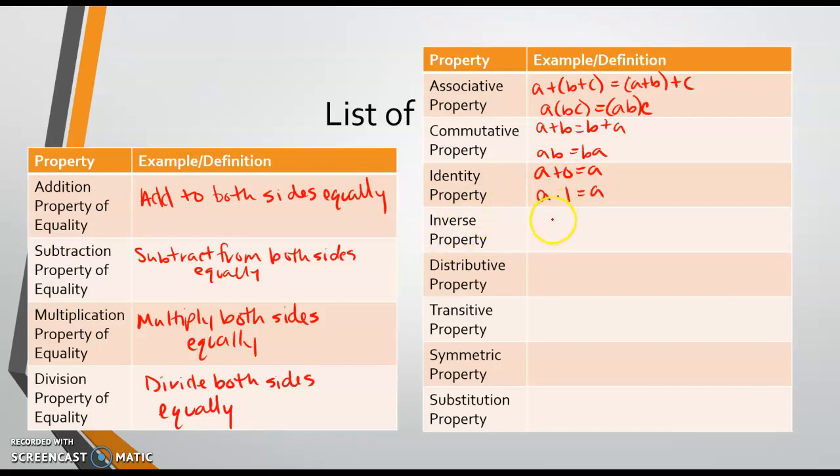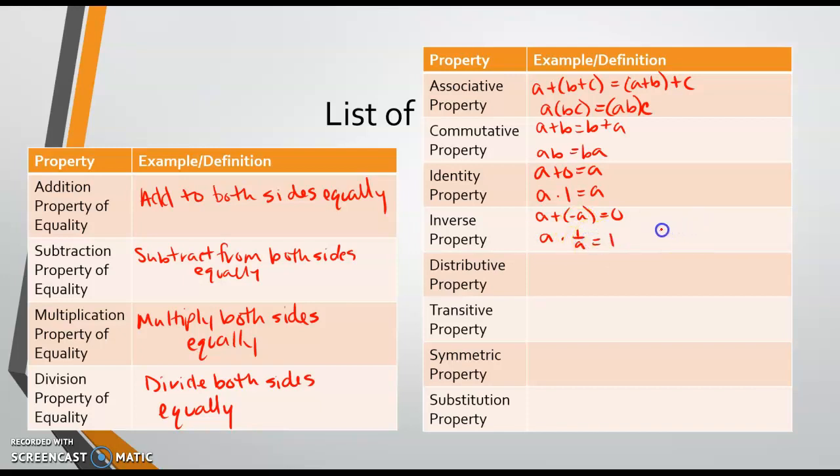The inverse property is what gets us to 0 or 1. So when an inverse is like A plus negative A, right? We're doing an inverse operation. That gives us 0. When multiplying, that would be A times 1 over A, because that equals 1.